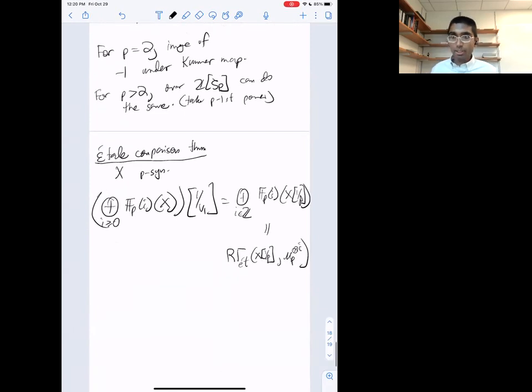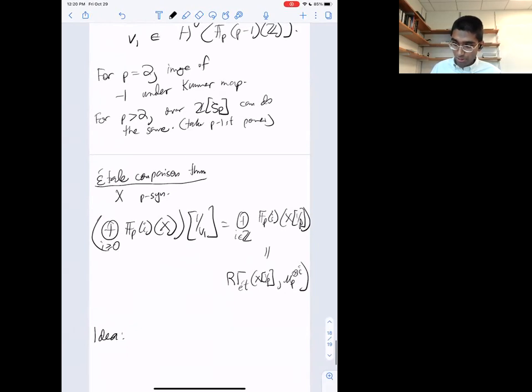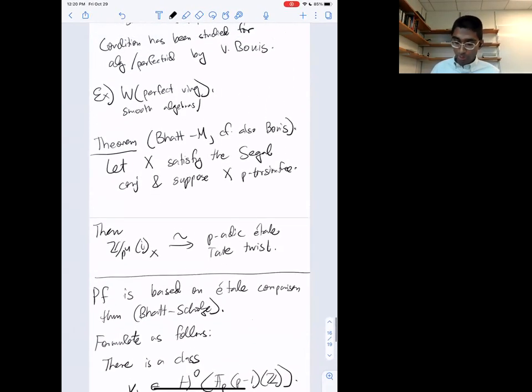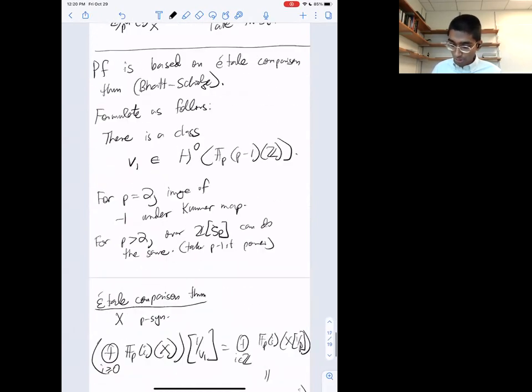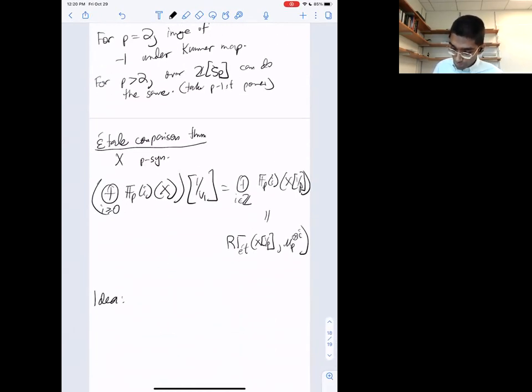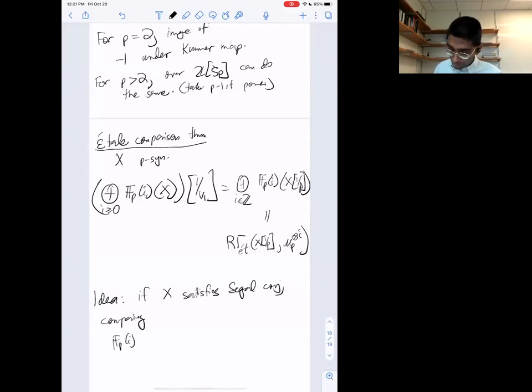And so the idea is that, if you want to prove this theorem, this theorem identifying the Z/p^n(i)'s in terms of the p-adic etale Tate twist, essentially what you're doing is, if X satisfies the Segal conjecture, you're comparing F_p(i)(X) to F_p(i)(X adjoin 1/p).